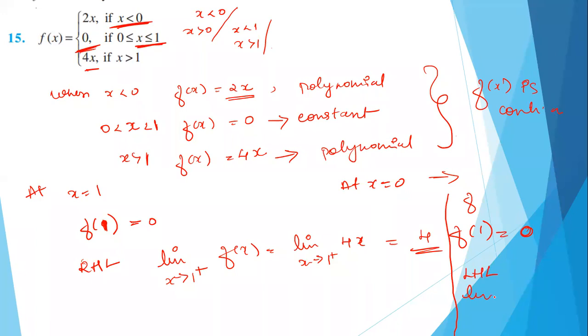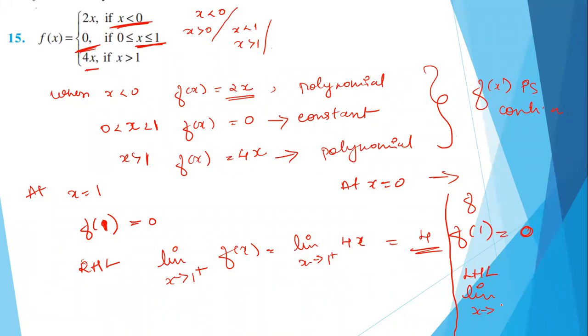LHL, limit x tending to 0 minus, will be 2x, correct? And that you get as 0 itself. Even the right hand limit you get as 0 itself. So our left hand limit, right hand limit and functional value are all equal. So we can say the function is continuous.